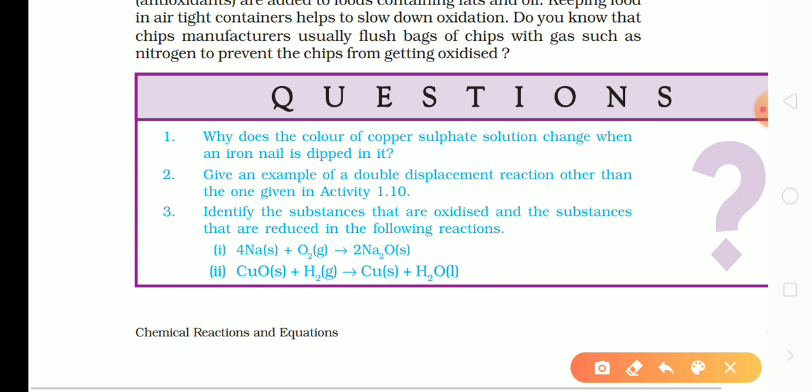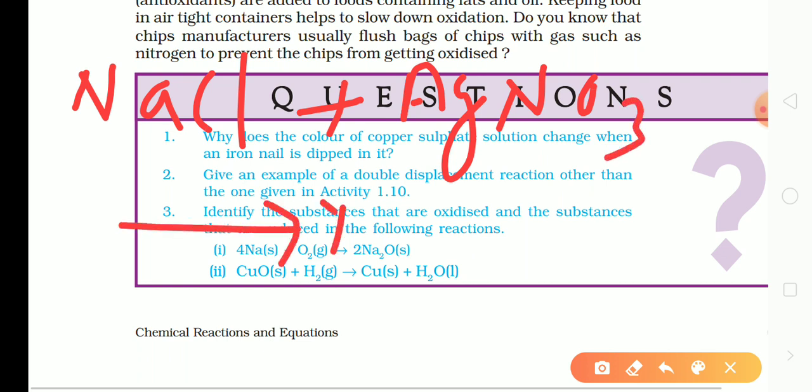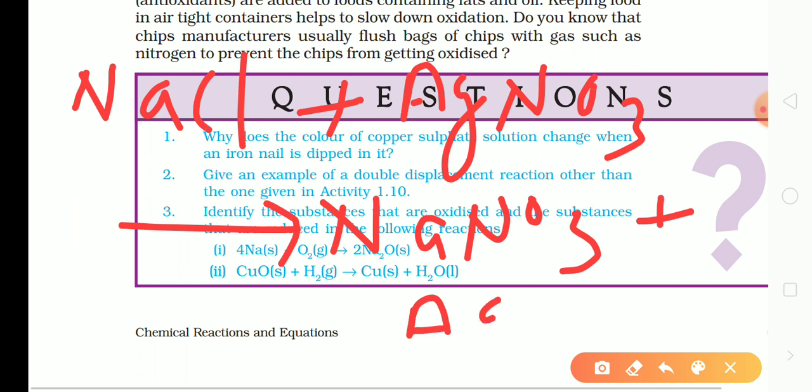Give an example of a double displacement reaction other than the one given in activity 1.10. I will give you a quite simple one: when sodium chloride reacts with silver nitrate, we get sodium nitrate and an insoluble precipitate of silver chloride.